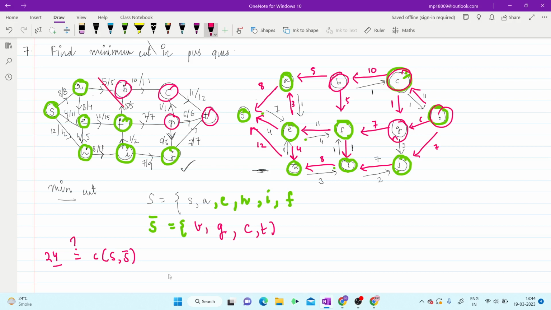What is the capacity of this cut? 24. We are taking these edges AB, this, this. So it is coming out to be 24. So we see that this is indeed a minimum cut.